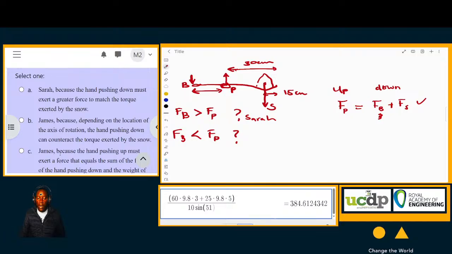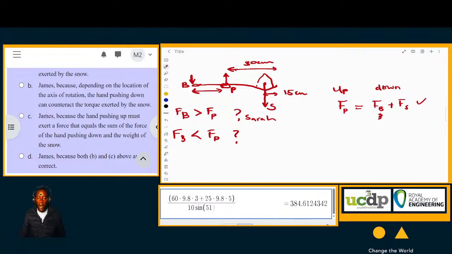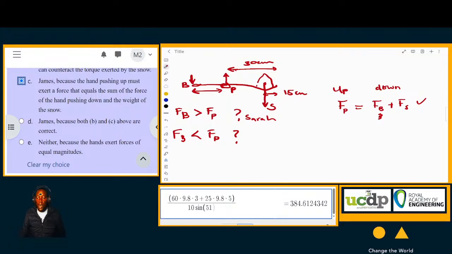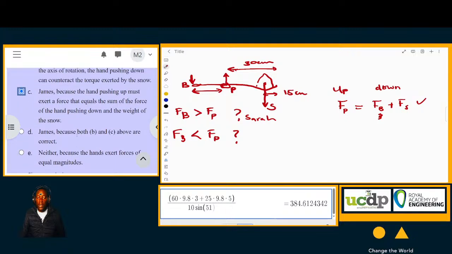No. James could be correct, but the reasoning there is not proper. C says James, because the hand pushing up must exert a force that equals the sum of the force of the hand pushing down and the weight of the snow. I think I like that one. D, James, because both B and C above are correct. No. E, neither, because the hands exert forces of equal magnitude. No.